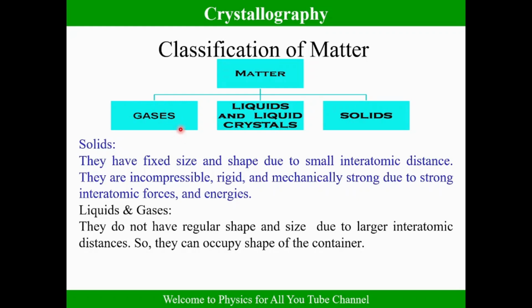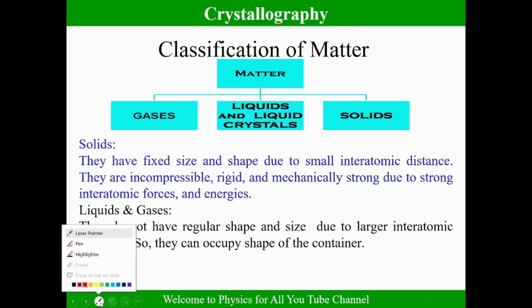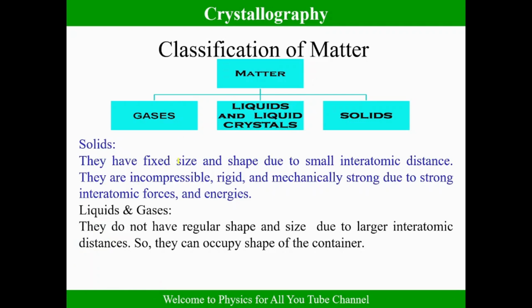In the case of solid state material, everybody already knows that solids have fixed shape and size. What is the reason behind this fixed shape and size? In solid state material, all atoms are separated by very small distances, of the order of a few nanometers or angstroms.